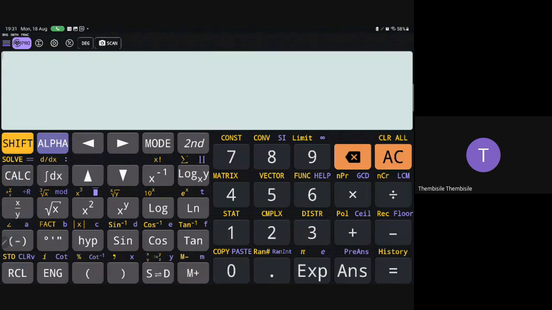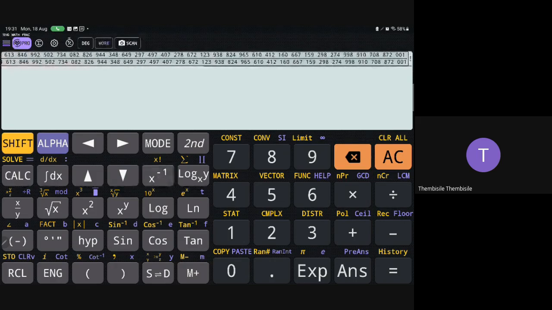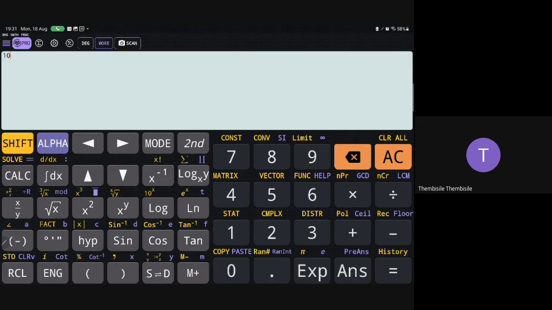Where is my factorial here? That I is for complex numbers. Oh, there you go. So you see factorial just below mode, guys. Let me put 10 and then shift that.